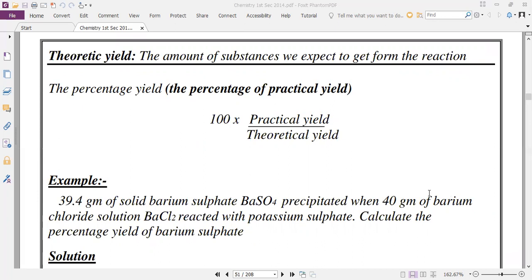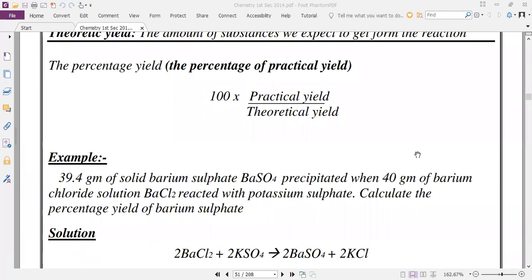Right, Mariam? Yes. And if you forgot this rule, which amount will be bigger, practical or theoretical? Theoretical. Right. So theoretical will be at the bottom.